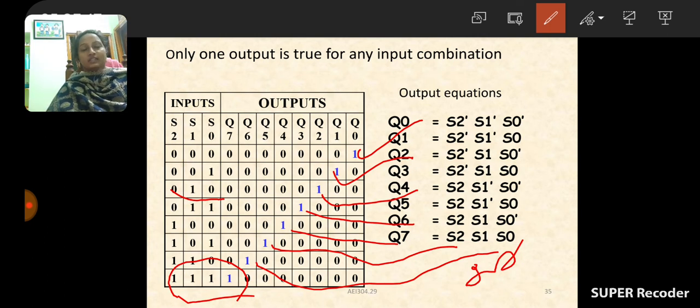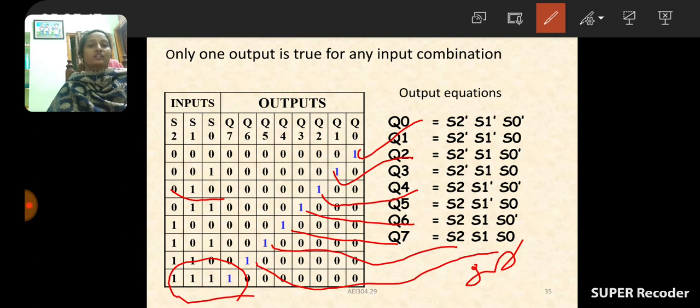The logical expression is represented with S0, S1, S2. Where we are getting zeros, we apply a complement or bar. S0 is 0, S1 is 0, S2 is 0, so now I am putting complements: S0 bar, S1 bar, S2 bar.